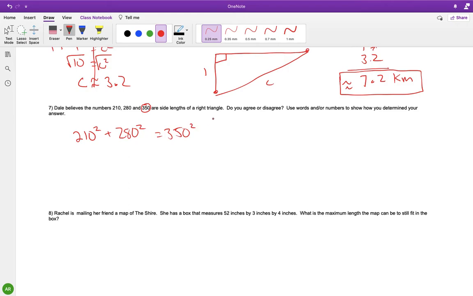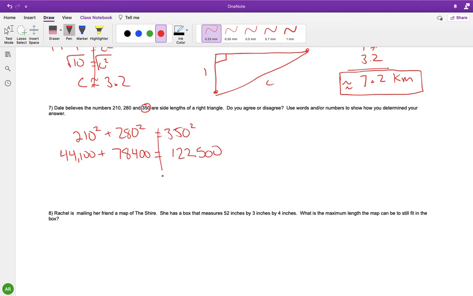Technically, we could divide all those by 10 and simplify the math, but 210 squared is 44,100. 280 squared is 78,400, and 350 squared is 122,500.